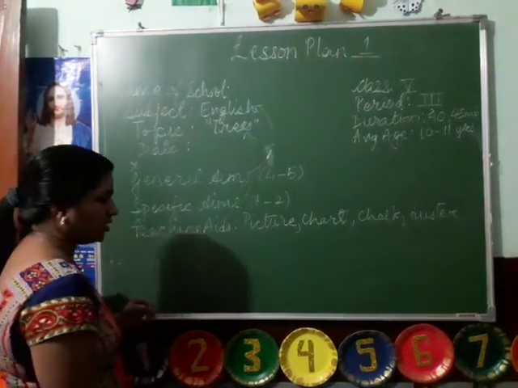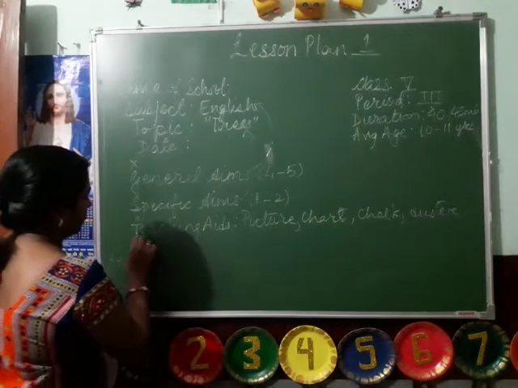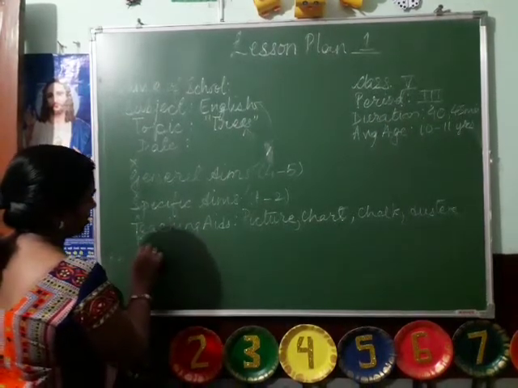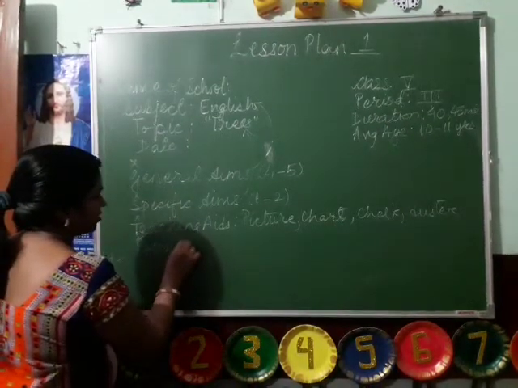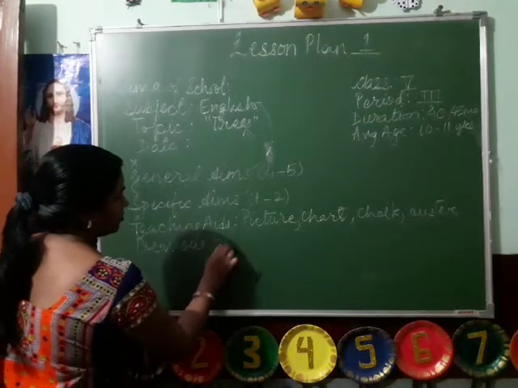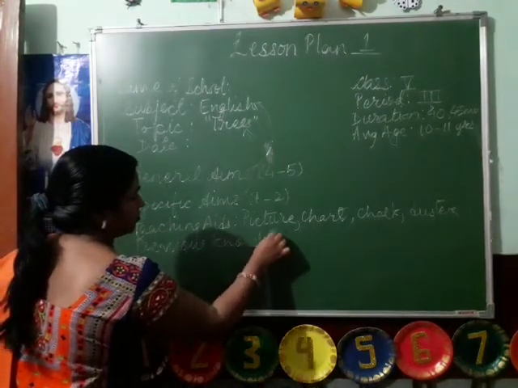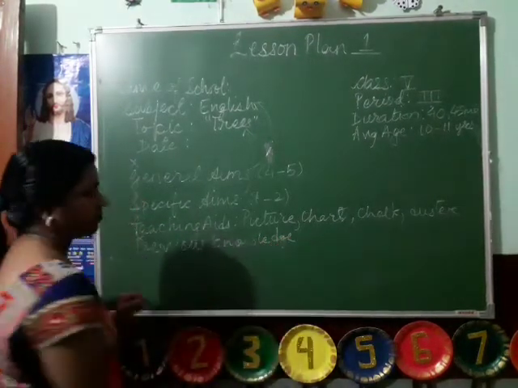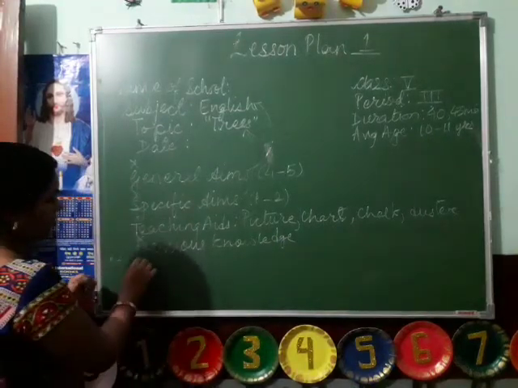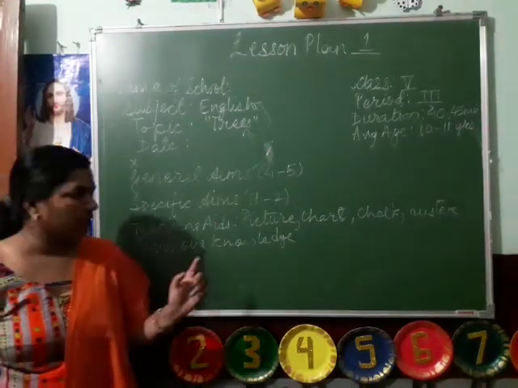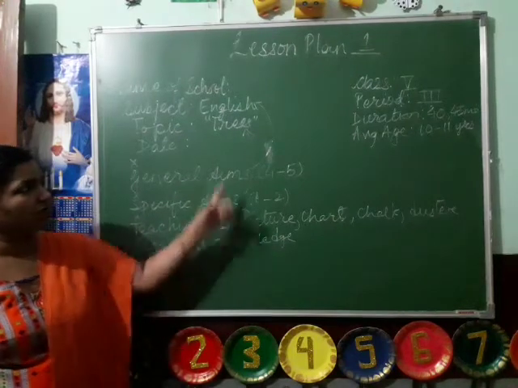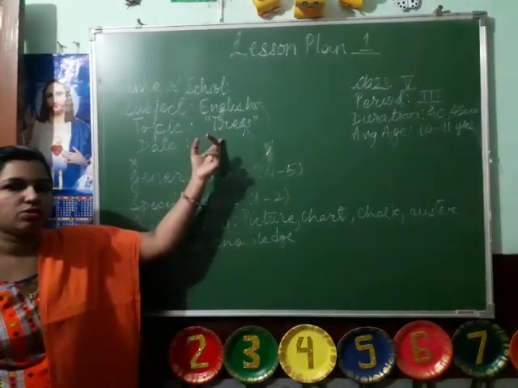After the teaching aids, you have to leave a line, comes the previous knowledge. Now previous knowledge is the knowledge of the students about the topic that you are going to take.